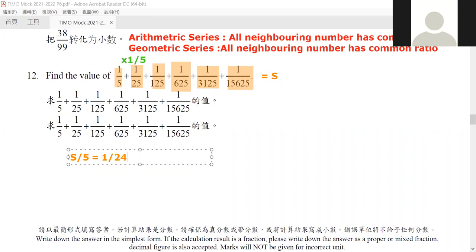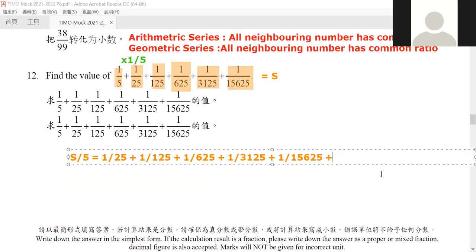Then this will be equal to 1/25 plus 1/125 plus 1/625 plus 1/3125 plus 1/15625 plus, finally, our last term, which still needs to be multiplied by 5.